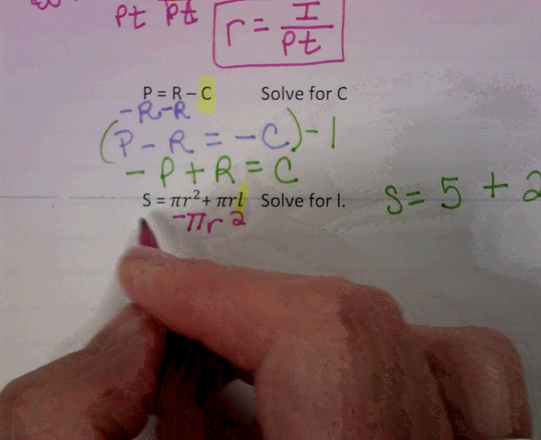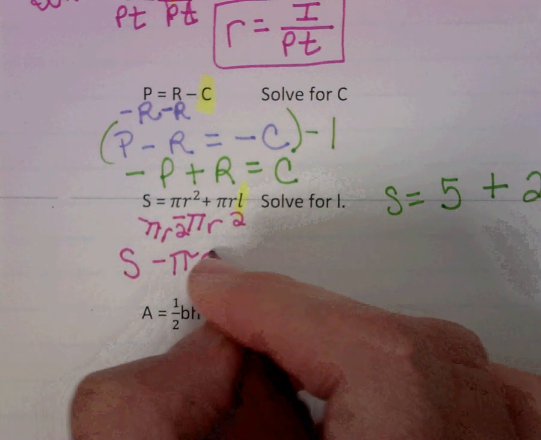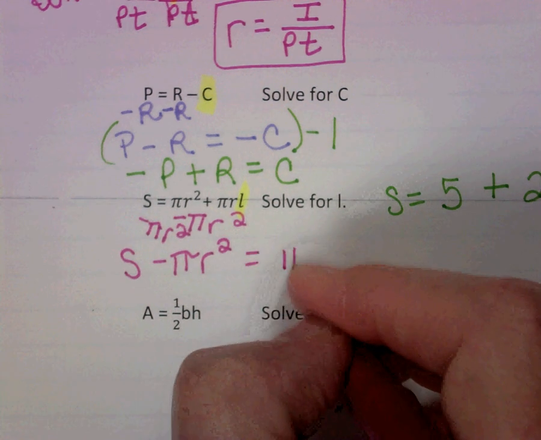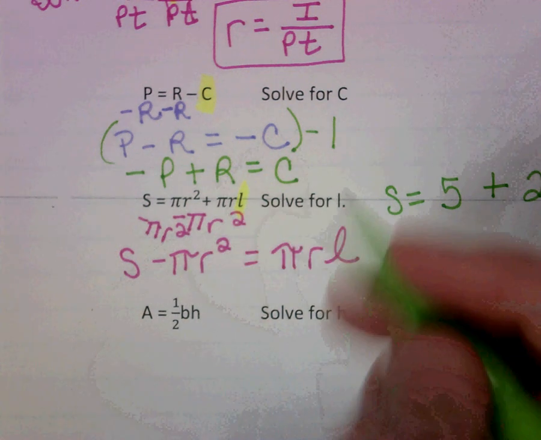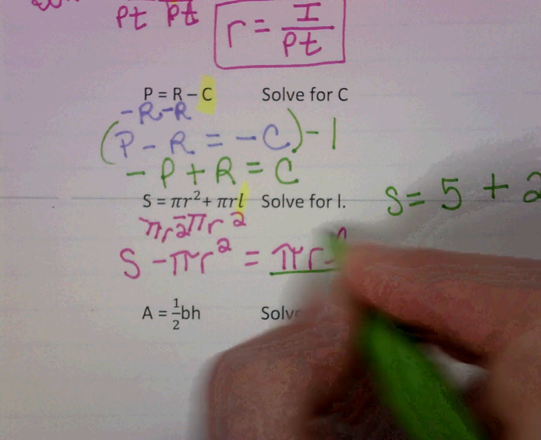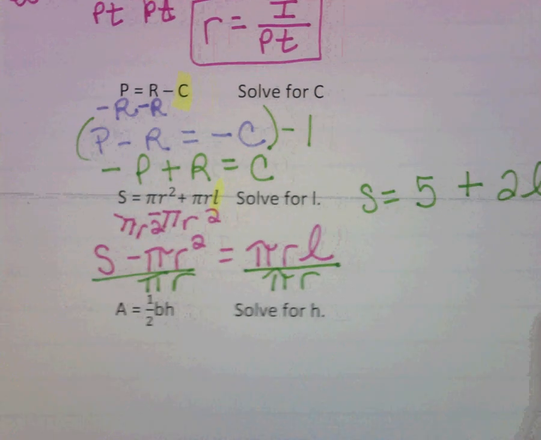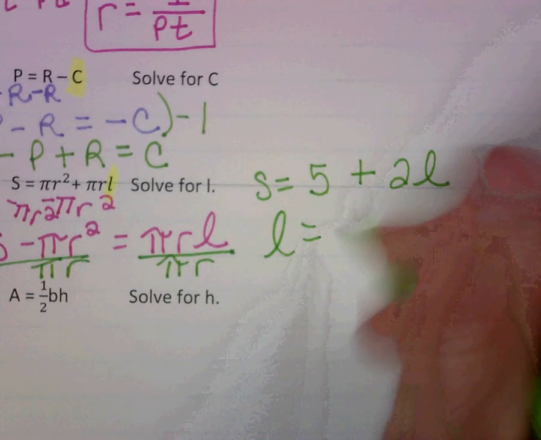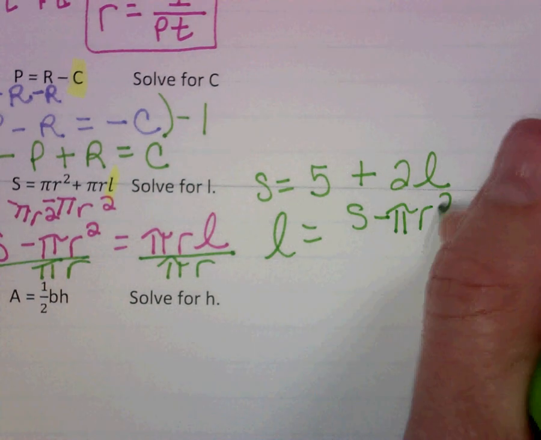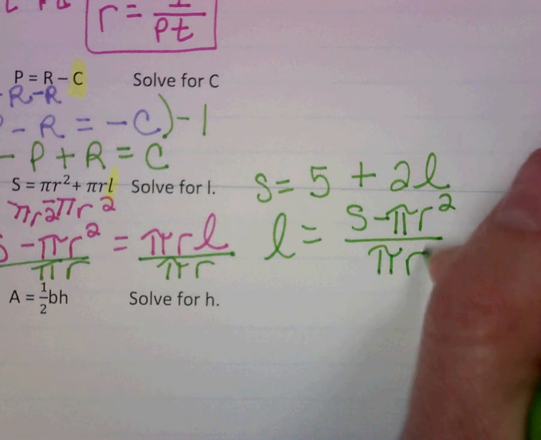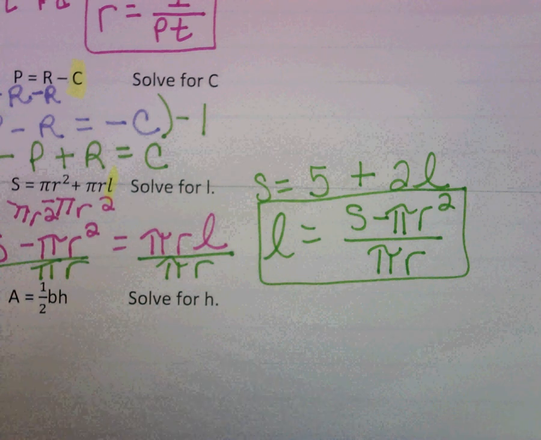I'm going to subtract it because it's positive. So this gives me S minus pi r squared equals pi r L. Still trying to solve for L, so now we're going to divide because that's the opposite of multiplying. And so L is equal to S minus pi r squared, divided by pi times r. So a few more steps, but it's just like looking at a two-step equation.